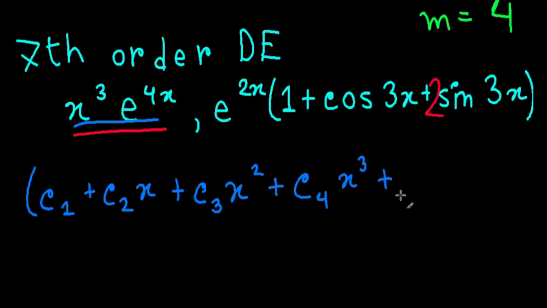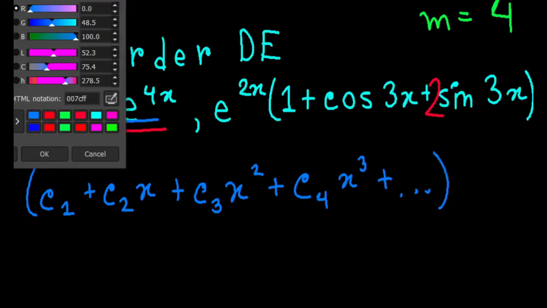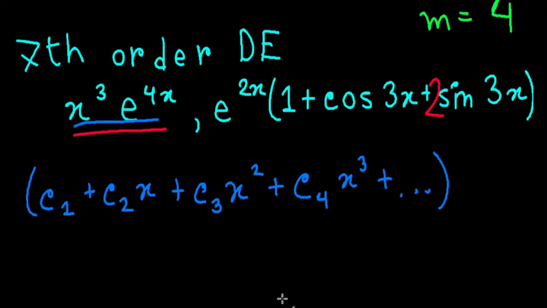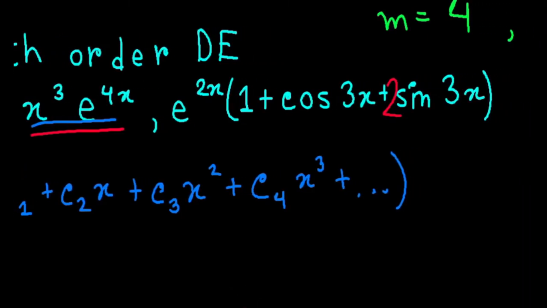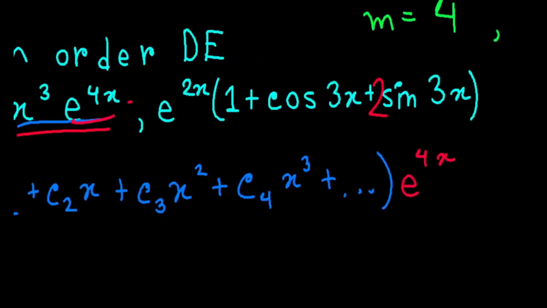Basically it's at the very least your general cubic. It could have more, possibly, but at the very least we know that up to this much, this will be a solution. Also, this whole thing is multiplied by e to the power 4x, same as here. So this is the portion of the solution that we can guarantee for now.